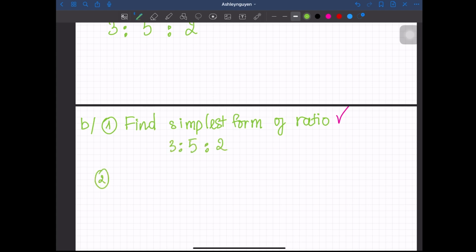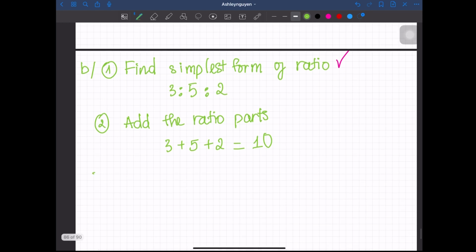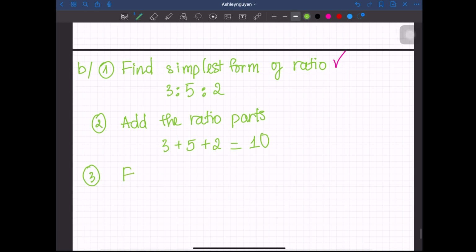Step 2, add the ratio parts. 3 plus 5 plus 2 equal to 10. Now step 3, find the ratio in one part.